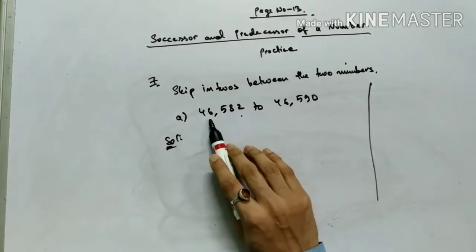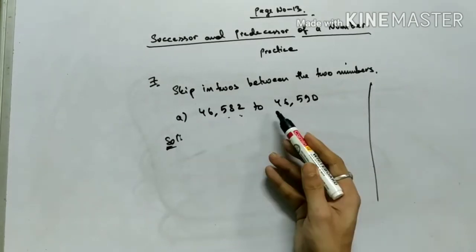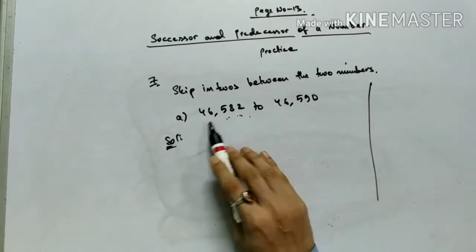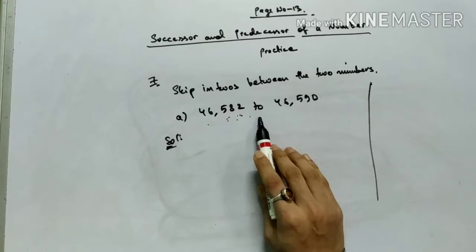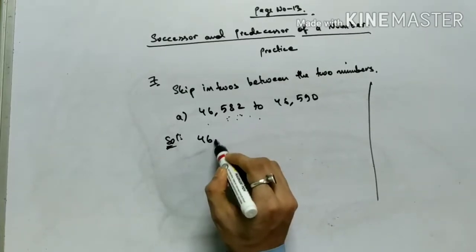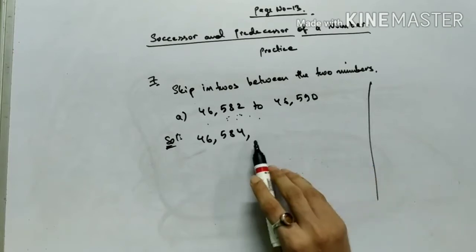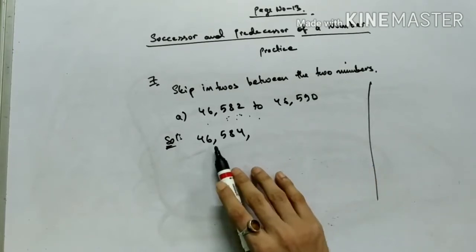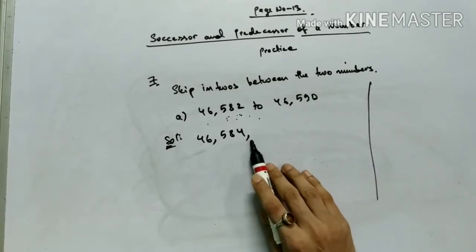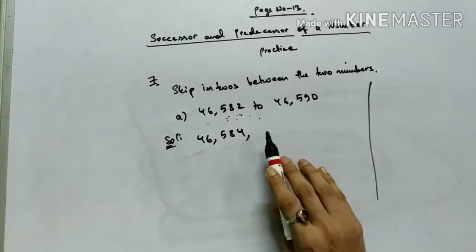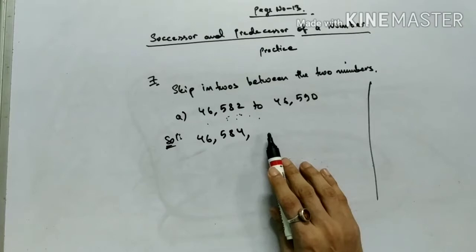That means 46,582, then what comes? 46,583, then comes 46,584. Yes, so I will write 46,584. Then again two numbers I will have to skip. 46,584, then again 46,585, then next 46,586.